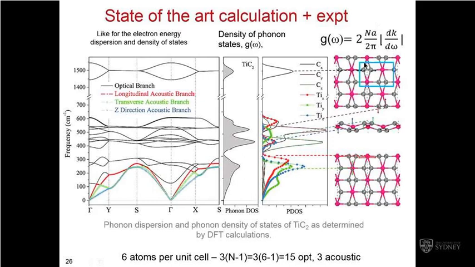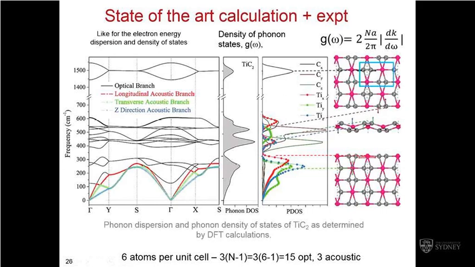This, for example, is titanium carbide. It's a flat structure, actually with a little bit of rumpling in it. At the top there, we look and see how many atoms per unit cell it has. We can see it's got 3 here and 3 here, so it's got 6 atoms per unit cell. So we can think about how many modes we should expect.